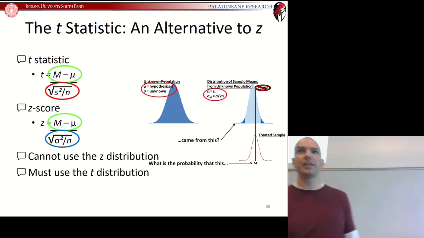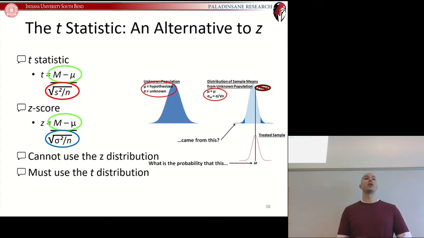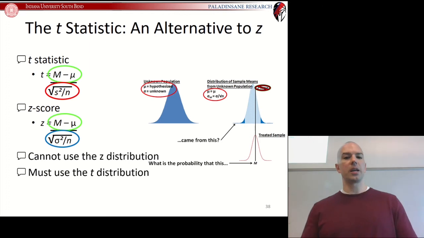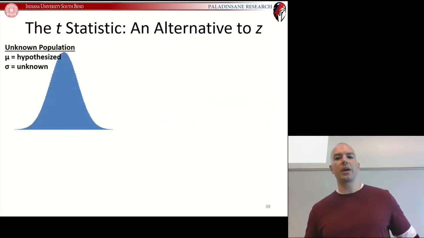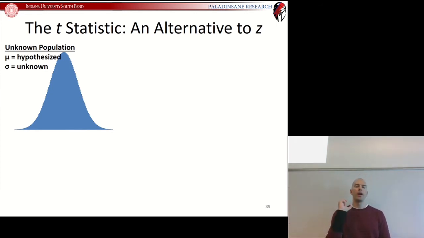So as you can see, mostly the same kind of stuff, and things that are different are very similar. So a t distribution is very similar and works in much the same way as a z distribution. So the situation we have right now, we have an unknown population where we have a hypothesized mean. That is, if the null hypothesis was true, that would be the mean that we would expect.